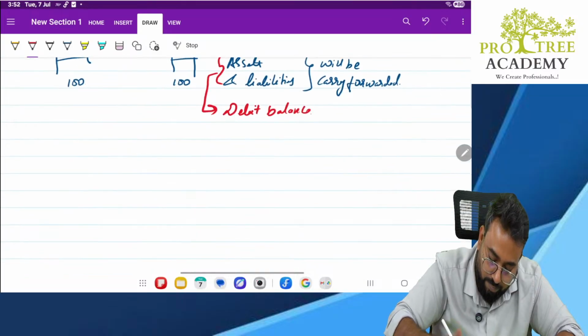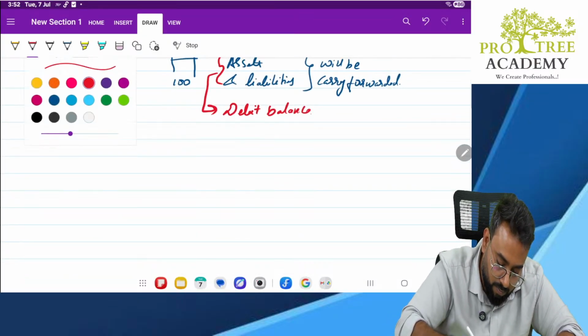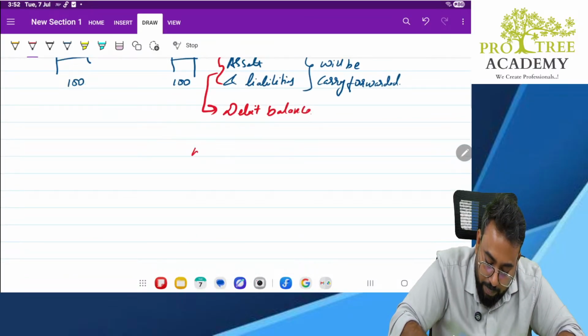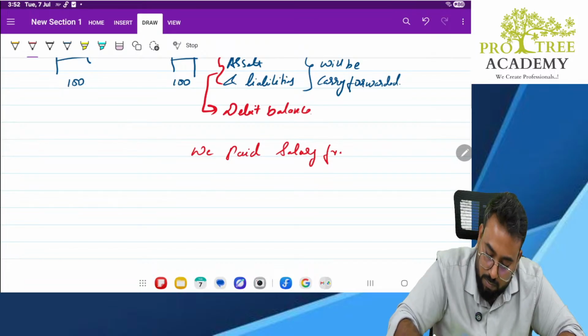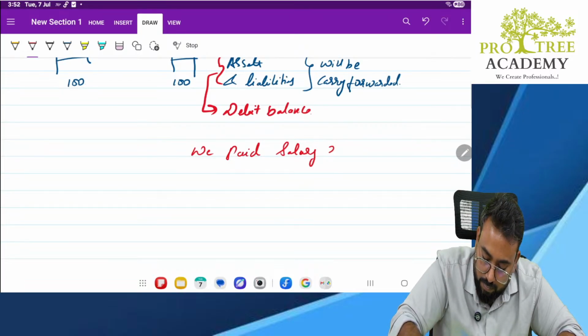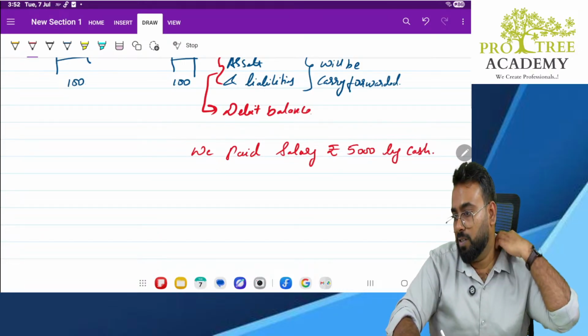Sure. Say we paid salary by cash. So what is the entry?